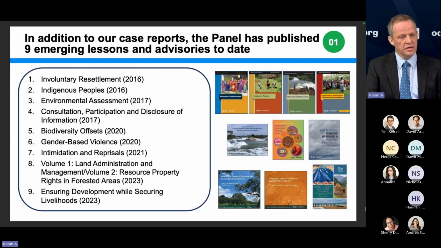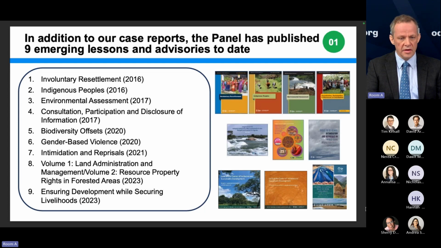So gender-based violence, that was particularly driven in 2016, 2018 by cases in the DRC and Uganda. If you look at offsets, that's all related to 3 cases in Uganda related to the Bujagali hydro project.